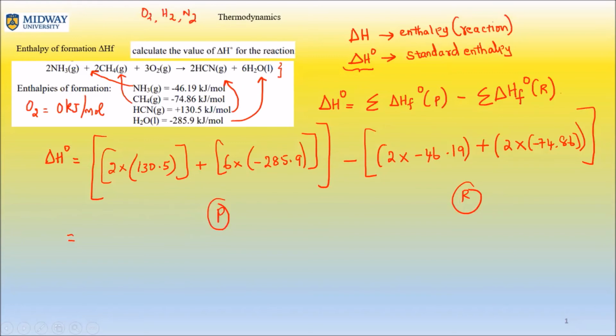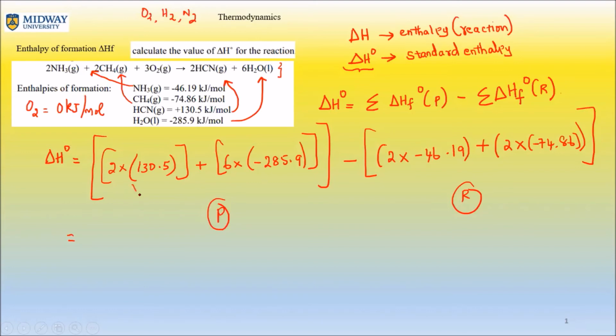So it's 2 times 130.5 plus 6 times 285.9, but it's negative technically, so it's 285.9 times 6 minus 2 times 130.5. So it'll be negative.